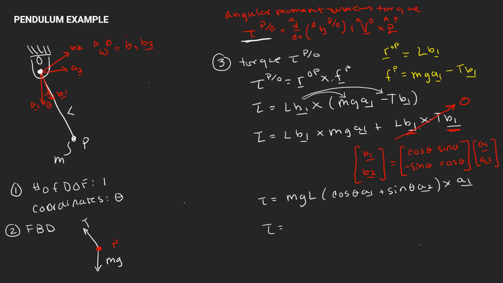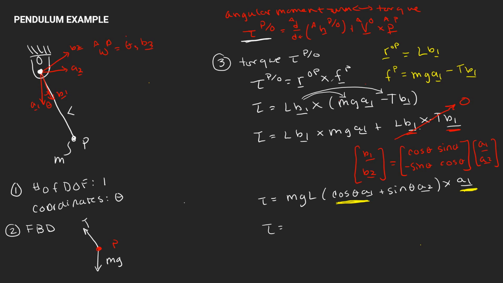Again, we can distribute it out. You should also notice that when we take the cross product of the term with an A1 in it and our A1 unit vector, this will go to 0.